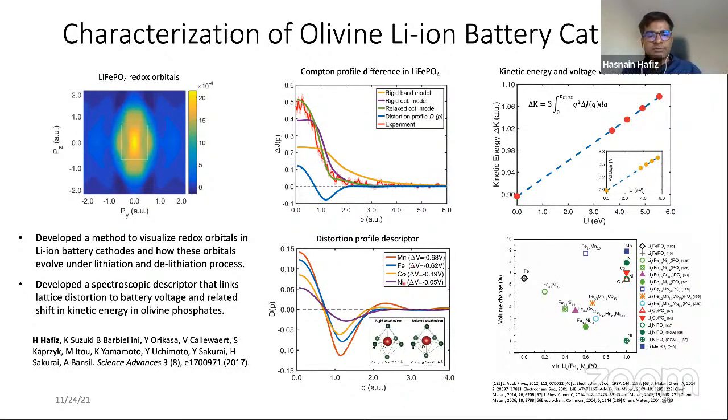Interestingly, this bond oscillation is of course also related to the overall volume change. Then we gathered some previously reported results from different literature. We also find a similar trend where the iron is partially substituted with manganese, cobalt, or nickel.